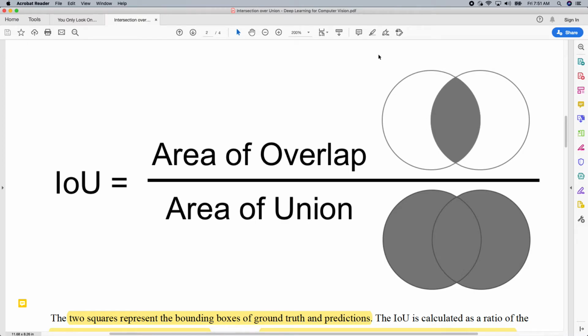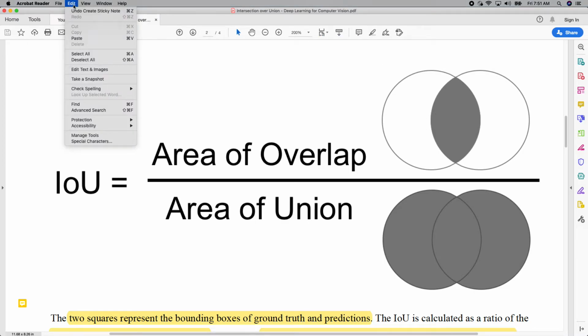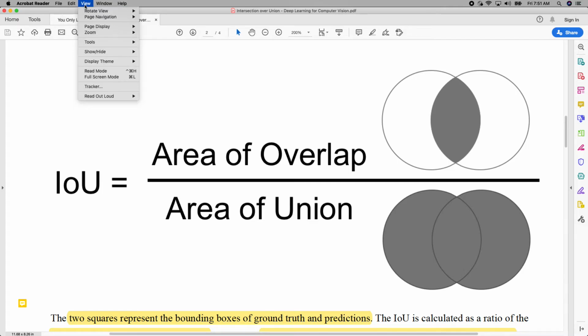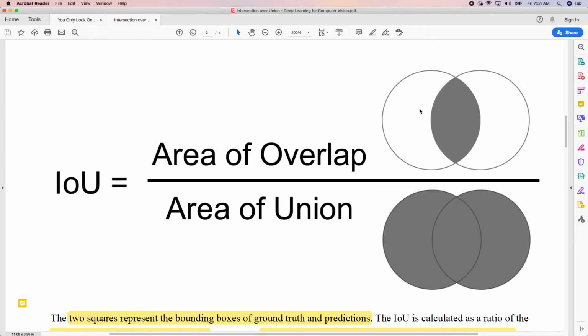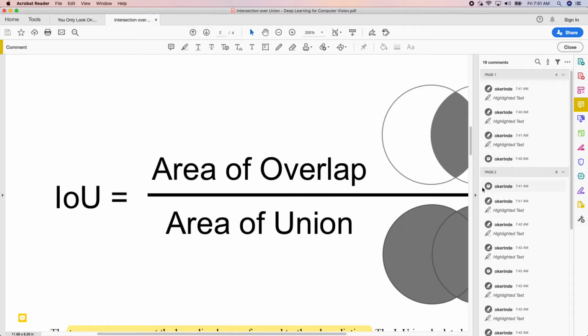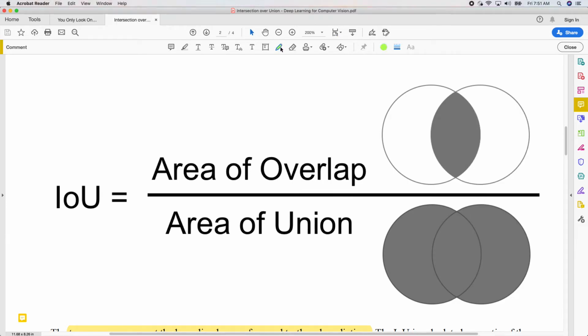So let's say, for instance, this circle is your ground truth, and this is your model prediction.